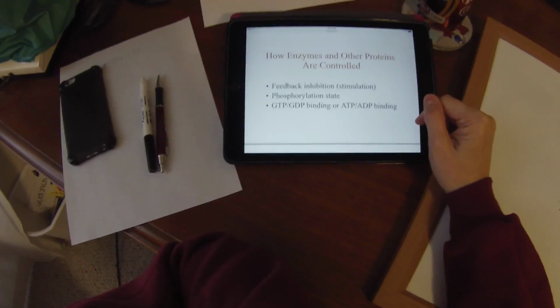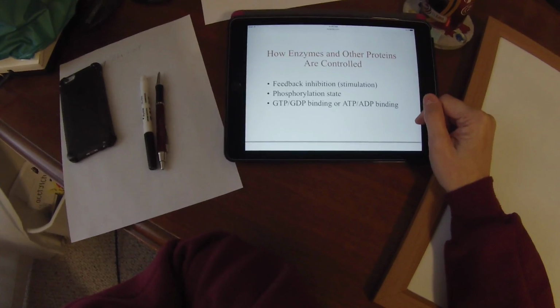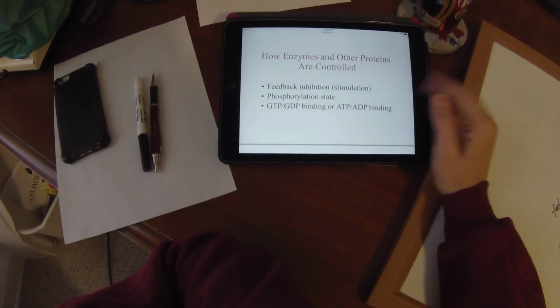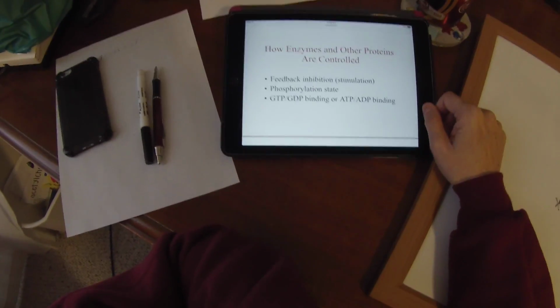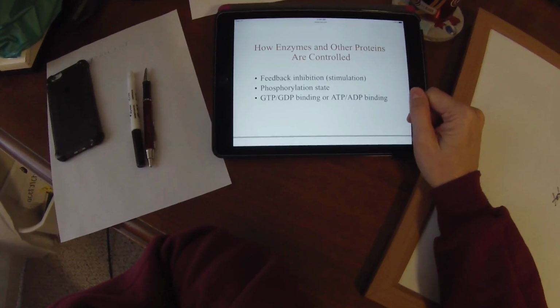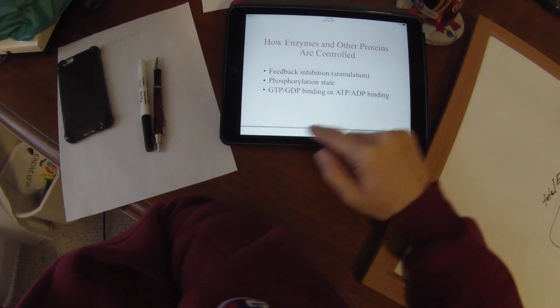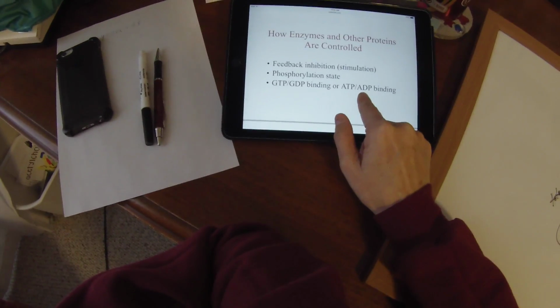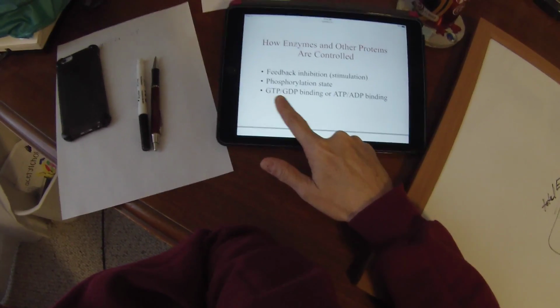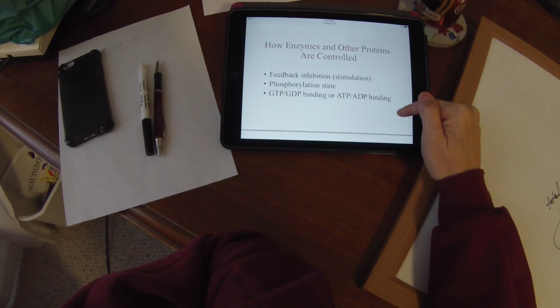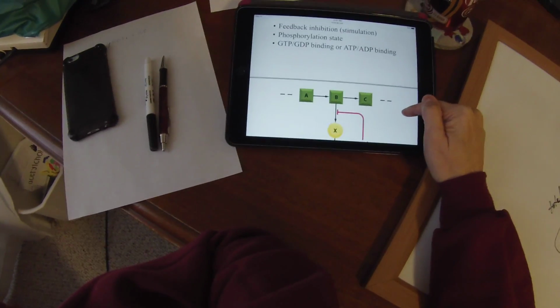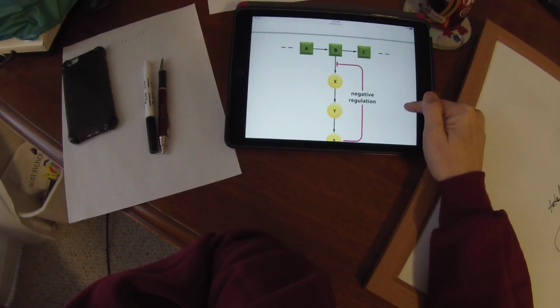We can also control proteins and enzymes by their phosphorylation state, whether they have a phosphate group attached or not. And we have some proteins and enzymes that are controlled by binding ATP or ADP, or in other cases GTP or GDP. So we'll see these examples over the course of the rest of the semester.